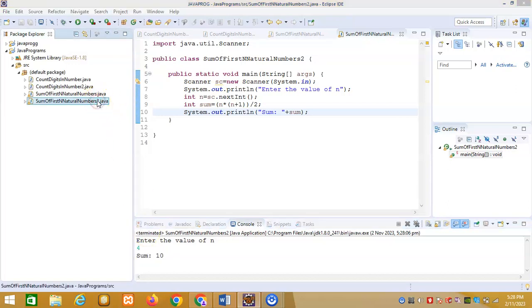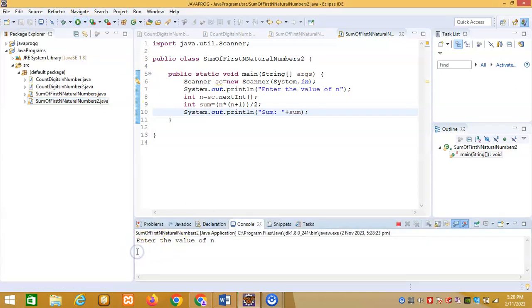Let's run this program for other numbers. If it is 2, then it will be 1 plus 2, which is 3. The sum will be 3. Let me enter the value 20. So the sum will be 210.